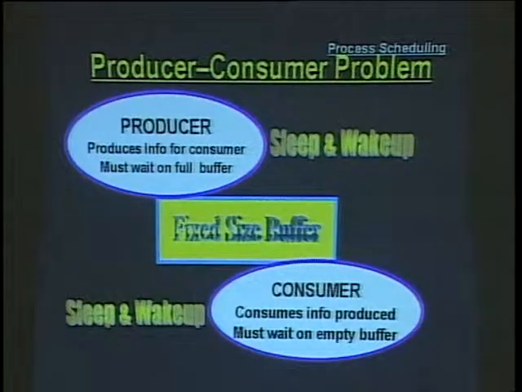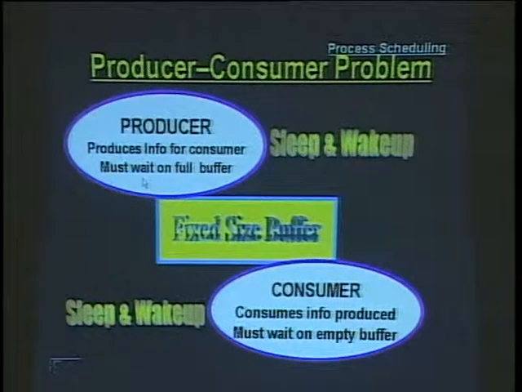In the classical process synchronization problems, our next problem is the producer-consumer problem. In the producer-consumer problem, the producer produces, the consumer uses, and they share a common buffer. Let's look at the diagram and see how the producer-consumer problem works.